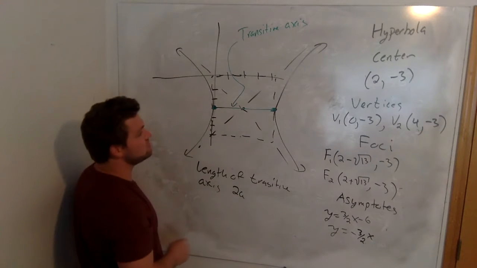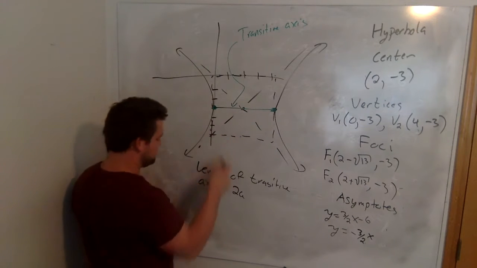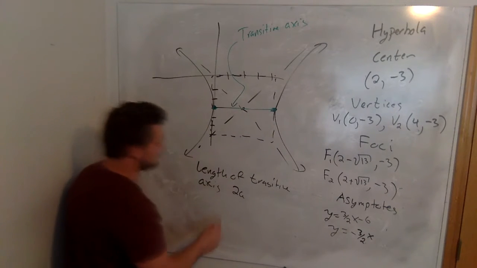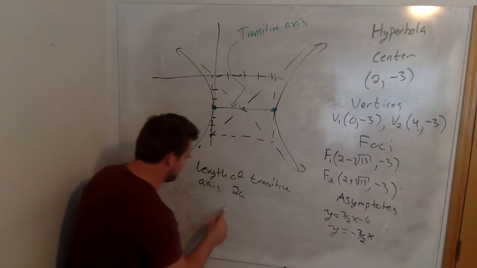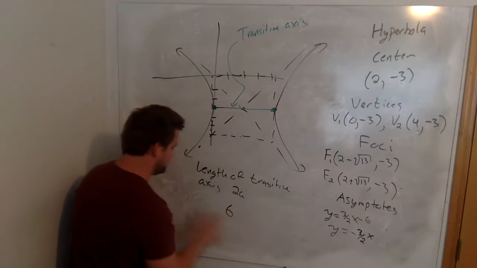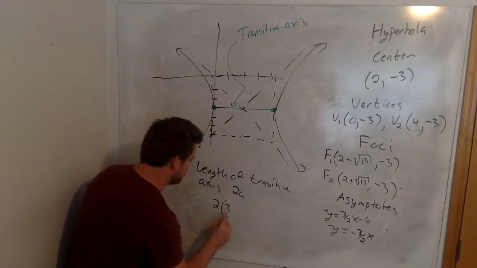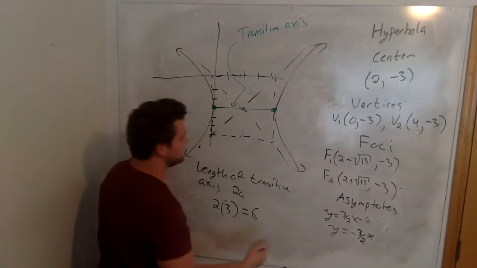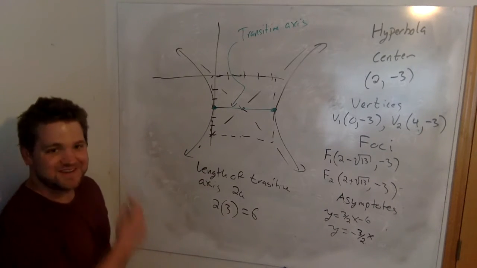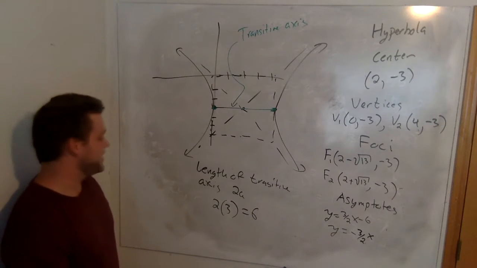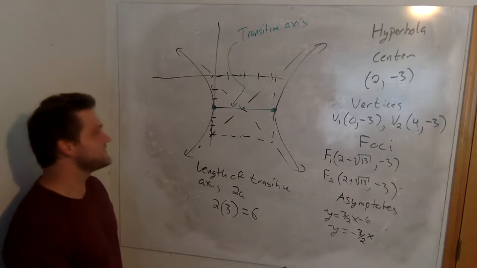In this situation, our a was 3, so the length of our transverse axis for this example will be 2 times 3, which is 6. That's something else that you might see WAMAP or the textbook asking for, the length of the transverse axis.